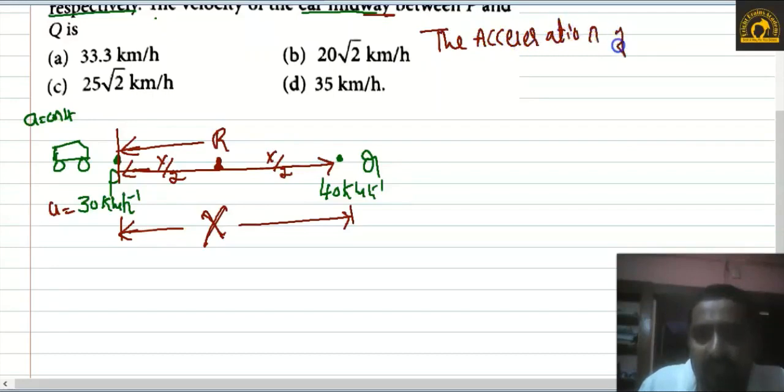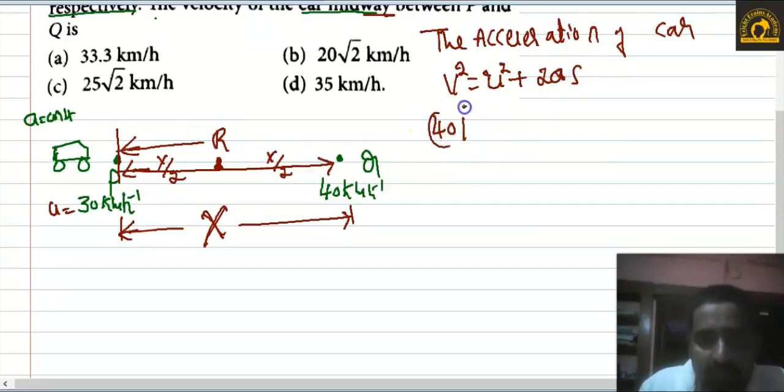The acceleration of the car: the formula is v square equals u square plus 2as. So v square means 40 square is equal to u square, which is 30 square, plus 2a, and the distance is x.